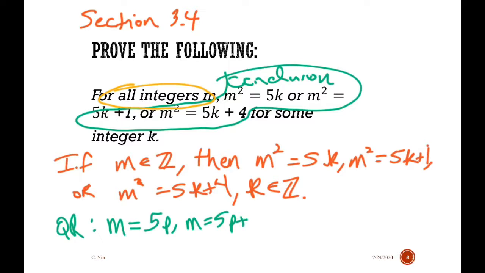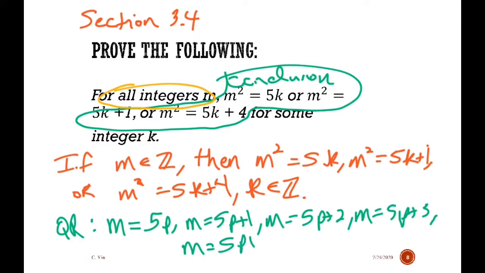All right, so I can write it like this. So we've got really 5 different cases here. So we'll really need to go through and look at each one of these to be able to see if we can make it fit one of these forms that we're given, either the 5k, 5k plus 1, 5k plus 4.